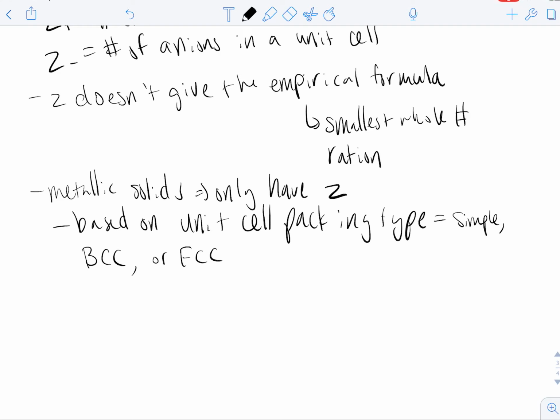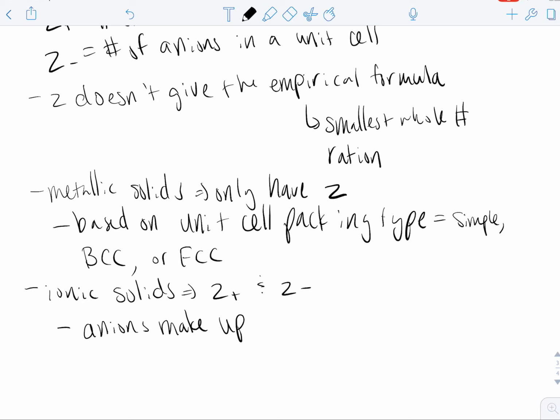Ionics are going to have Z plus and Z minus. Keep in mind also, our anions themselves are what's going to form our unit cell, and then we're going to shove cations in the spaces left over. So anions make up the unit cell.